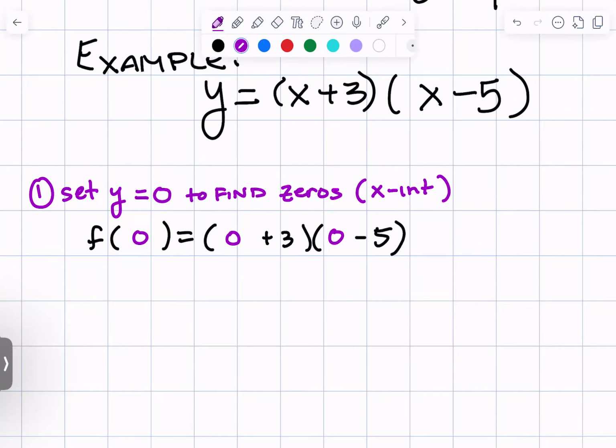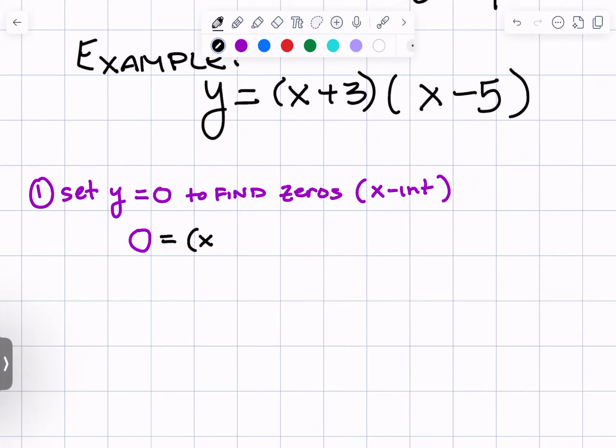Oh, I'm sorry. I did it the wrong way. That's not it. Y is equal to 0. So this is 0 equals x plus 3 times x minus 5. And we did the math up above. So I'll just set this equal to 0.